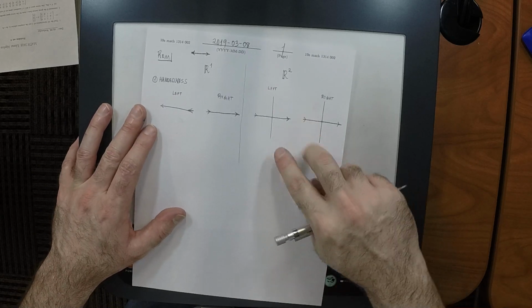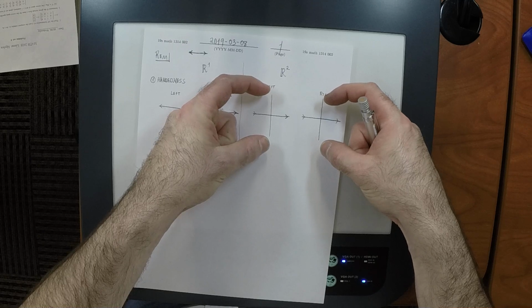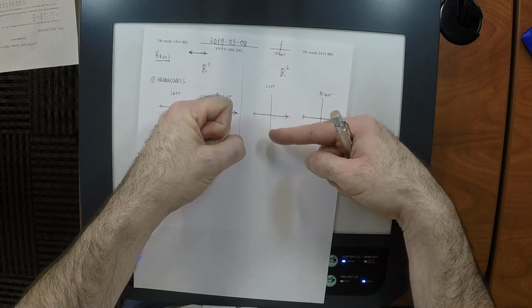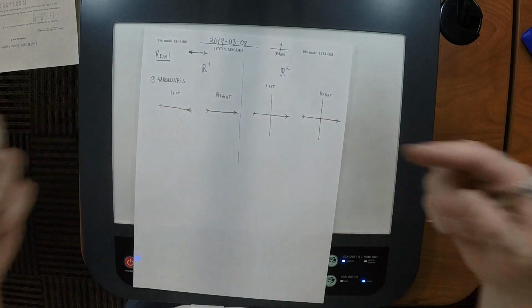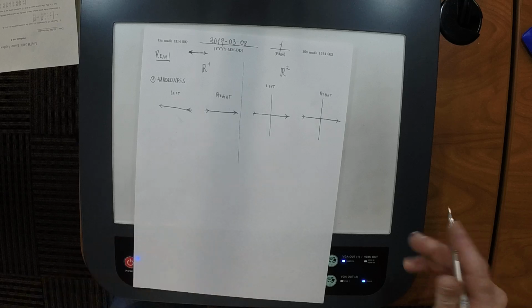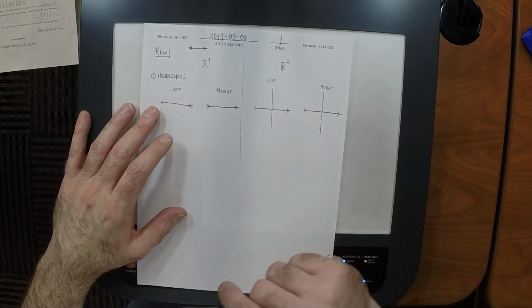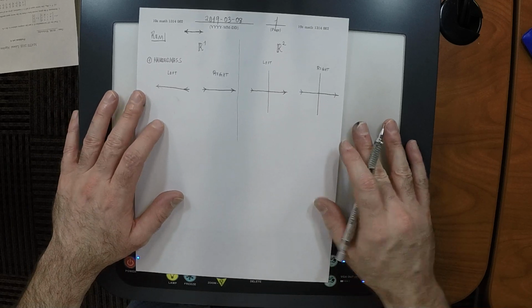And the way that we're going to do that is that notice in both cases we haven't yet illustrated which direction the vertical axis is going. For this one we haven't said up or down, and for this one we haven't said up or down. So one of them needs to be down and the other one needs to be up. And we want to make it to where one of them is going to be left-handed and the other one's going to be right-handed.